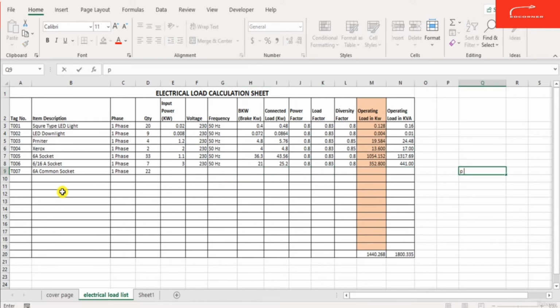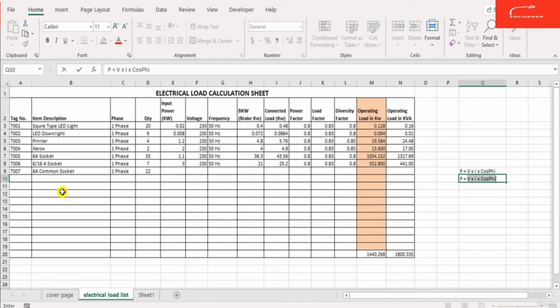P is equal to the power required for the 6 ampere socket, where P is power, V is voltage, I is the ampere or the current required for that socket, and next is cos phi, the power factor required for the single phase.